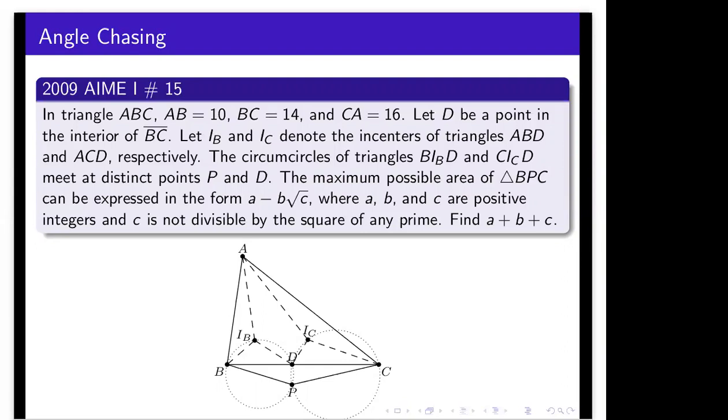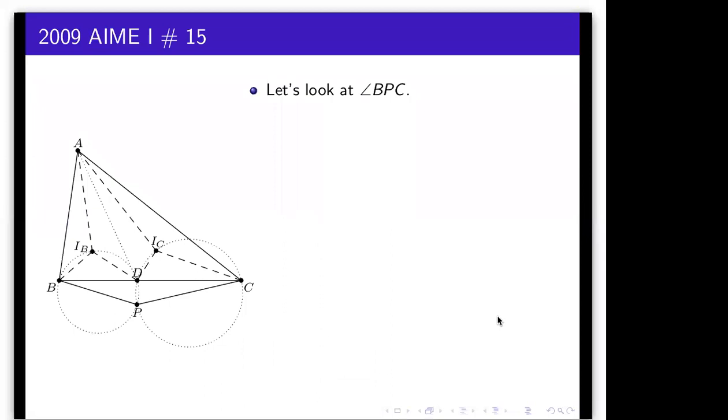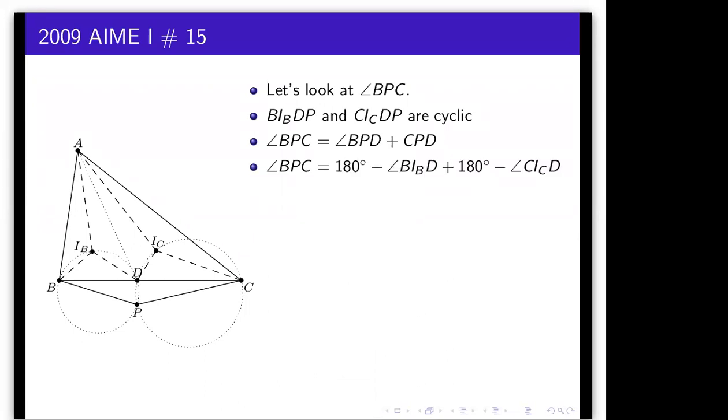Angle BPC can be broken down into angle BPD and angle CPD, so BPC equals BPD plus angle CPD. From the cyclic quadrilaterals, we have BPD is 180 minus angle B I sub B D, and CPD is 180 minus angle C I sub C D.